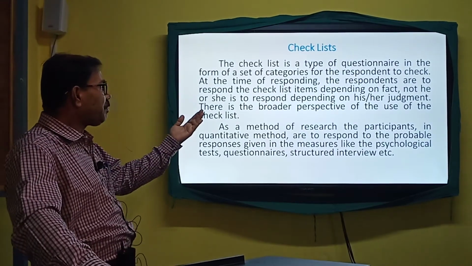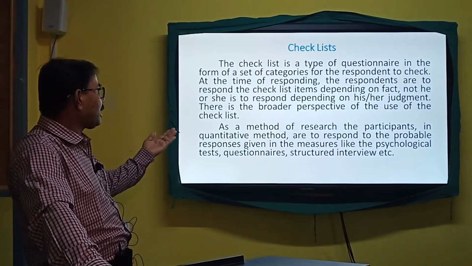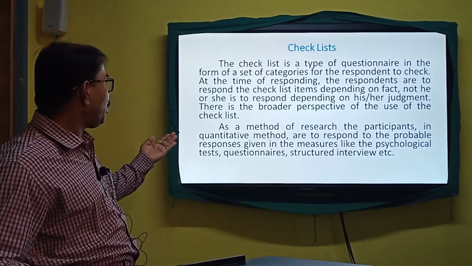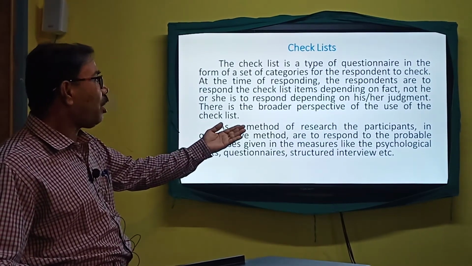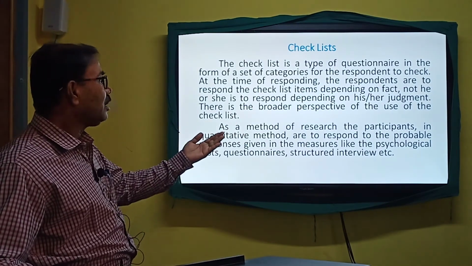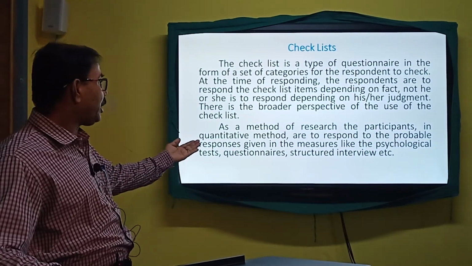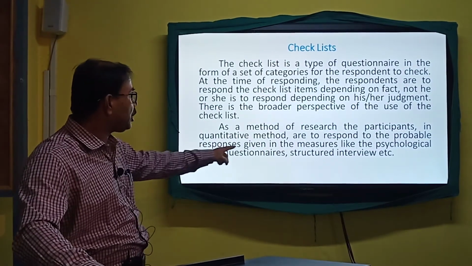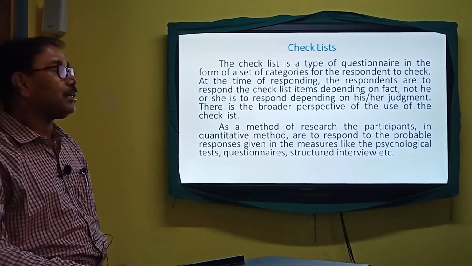There is a broader perspective of the use of the checklist. As a method of research, the participants in the quantitative method are to respond to the probable responses given in measures like the psychological test, questionnaires, structured interview, etc., about which we have already discussed in detail.